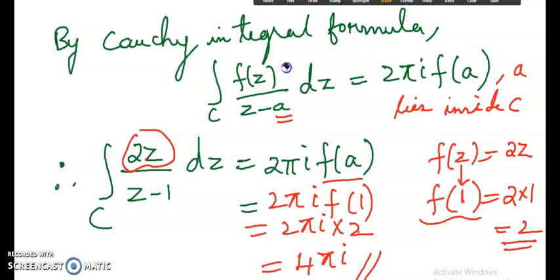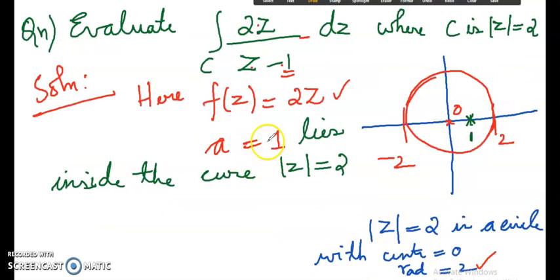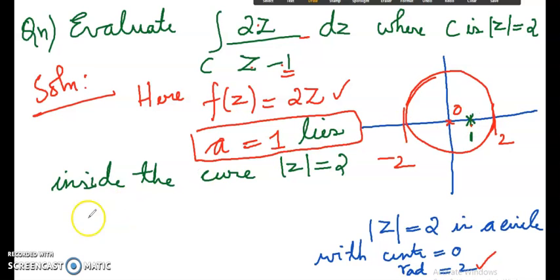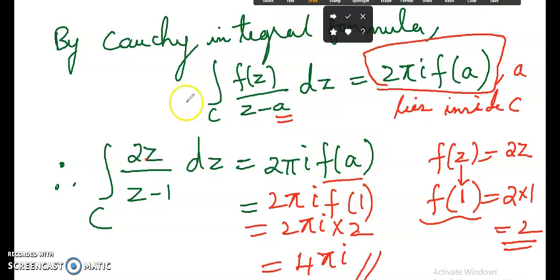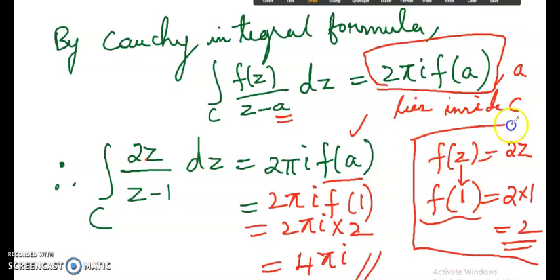Whenever you come across a question where f of z is given, f of z can be taken, and the a value is a very important thing. If it lies inside the curve, by Cauchy integral formula, 2 pi i f of a is the answer. Now how to find this f of a? You can find f of a using the f of z function. f of z is the numerator, that is 2z.